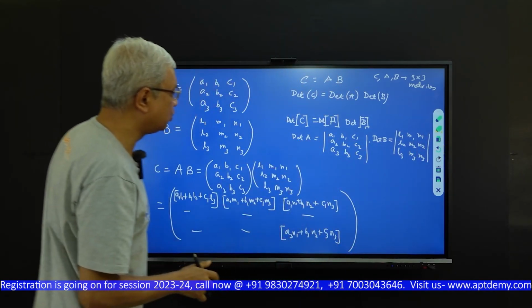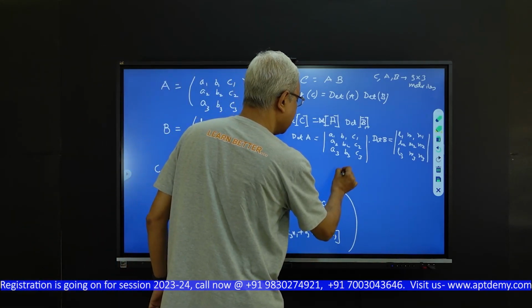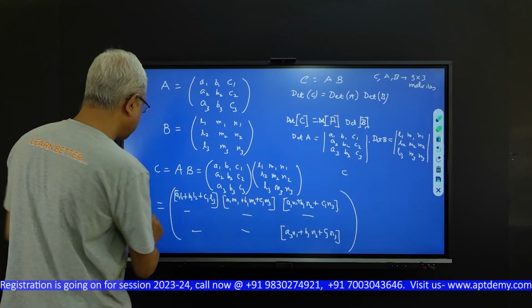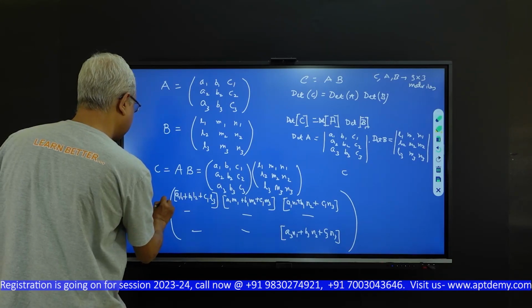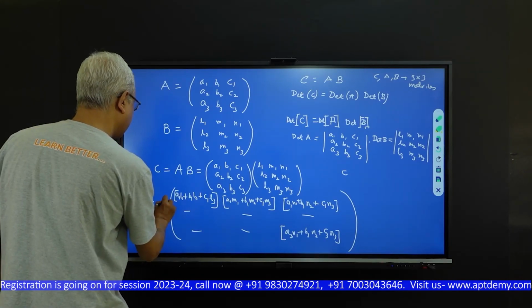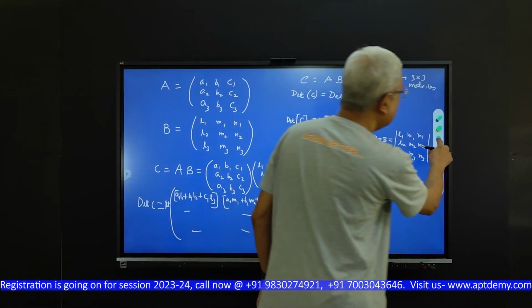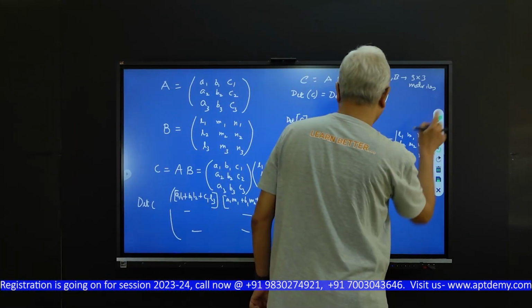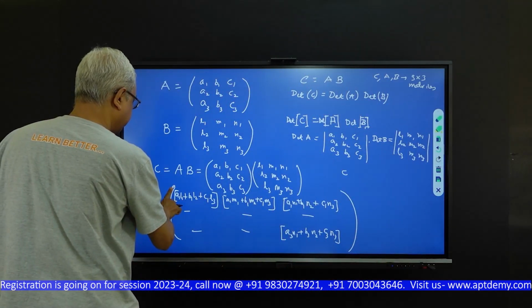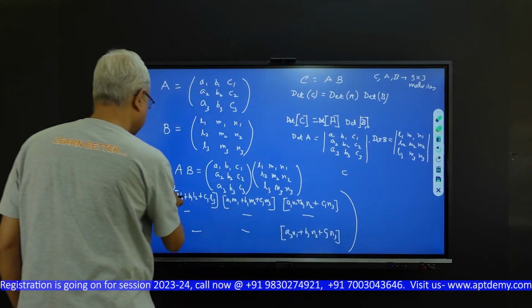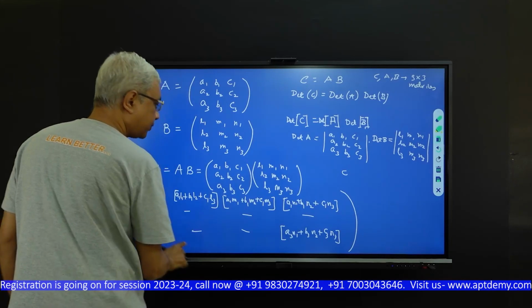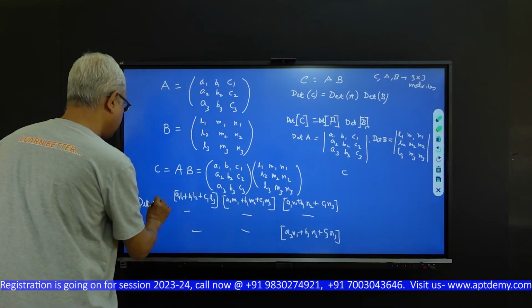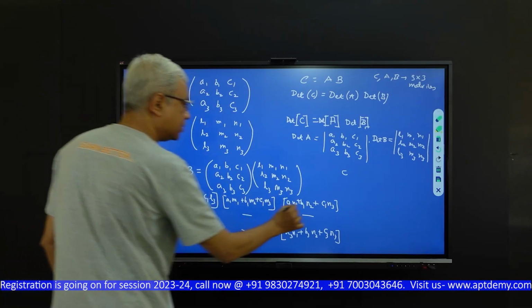Then the product of these two determinants, if it is called C, then the determinant of C will look like this determinant.